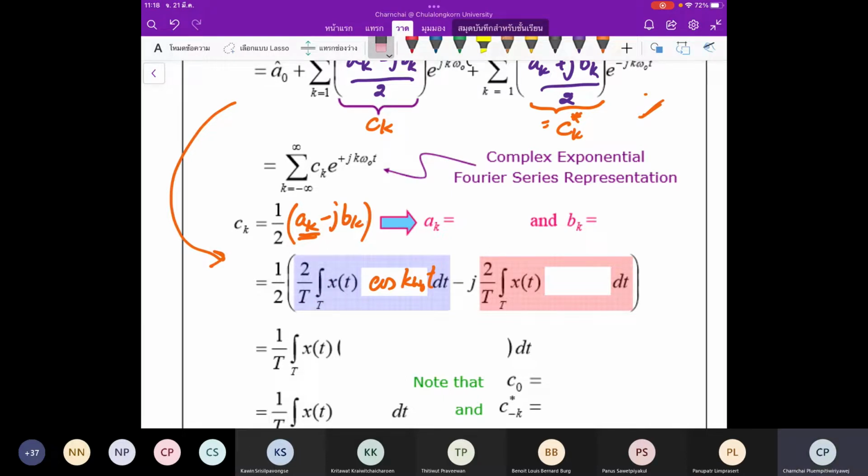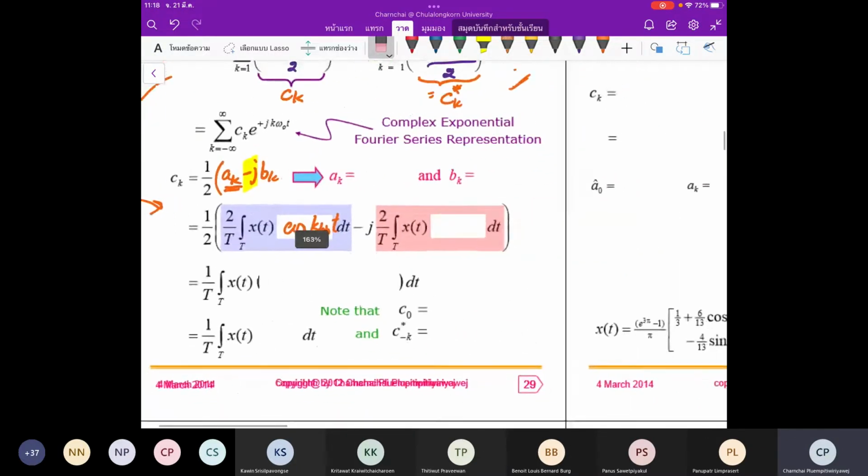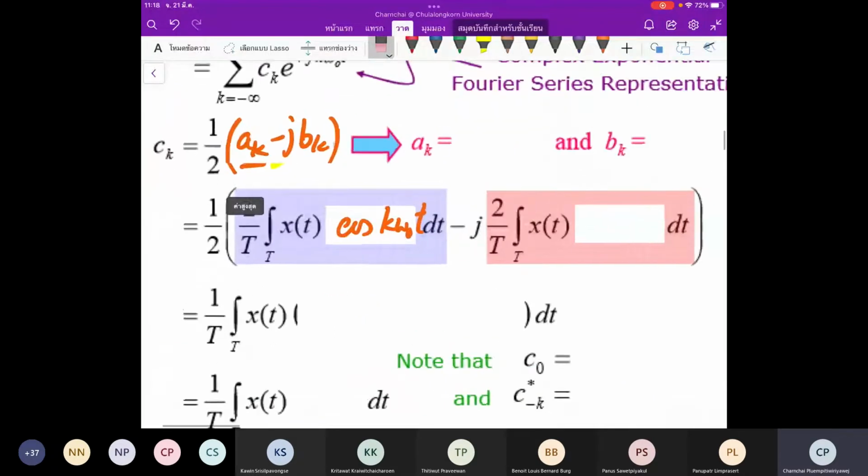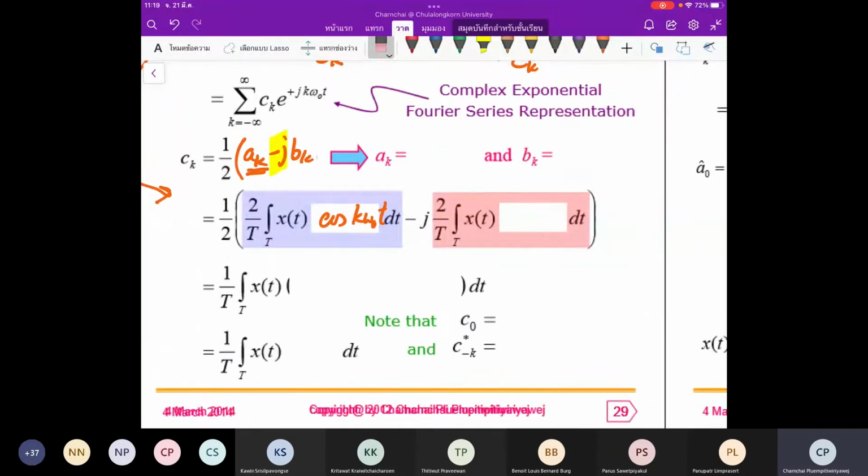How about bk? You've got negative j here, and this is supposed to be bk. So what's bk? bk is 2 over T integral over one period T of x(t) sine of k omega naught t.